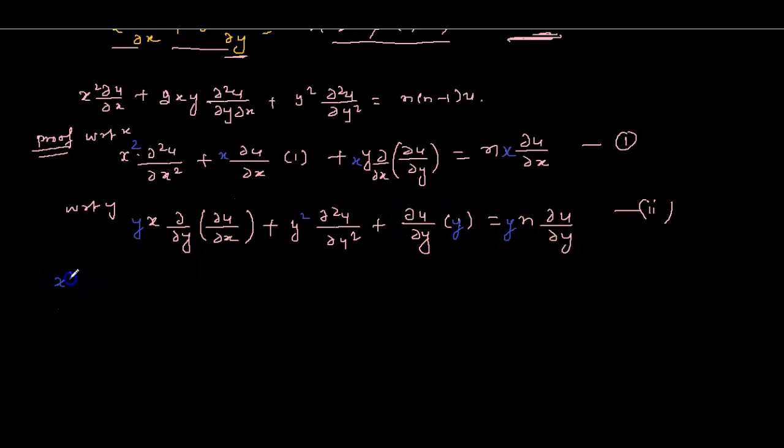x square del square of u by del x square, plus this x del u by del x, and this is y del u by del y.